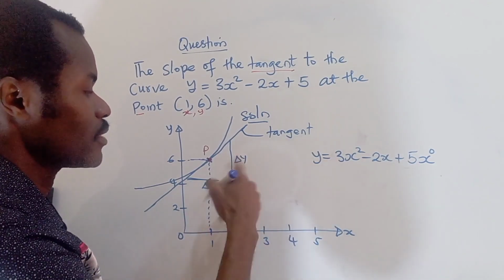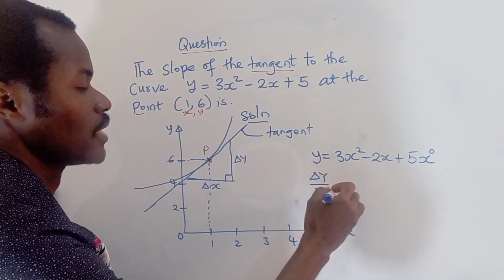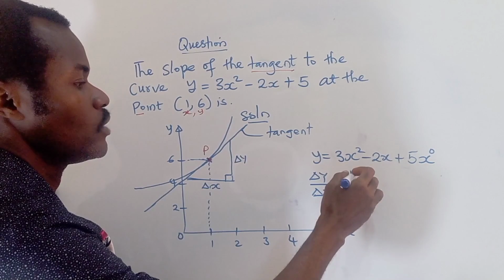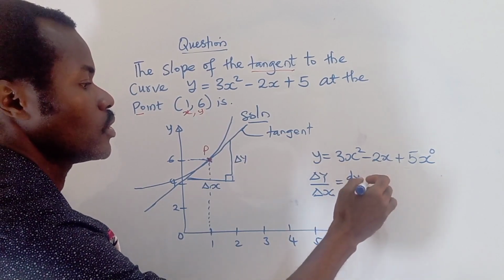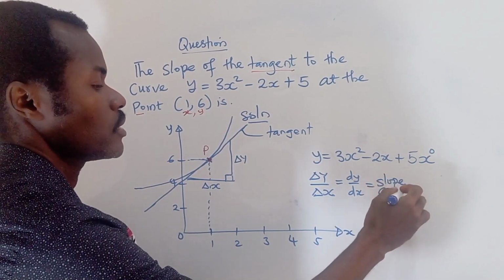So our slope is our change in y divided by our change in x. This we can also call dy over dx. That is our slope, or we can simply say gradient.